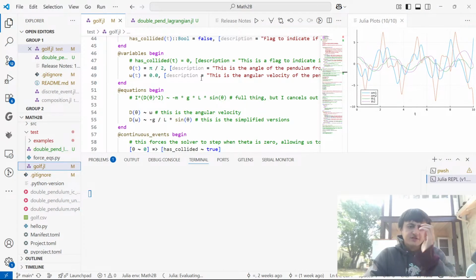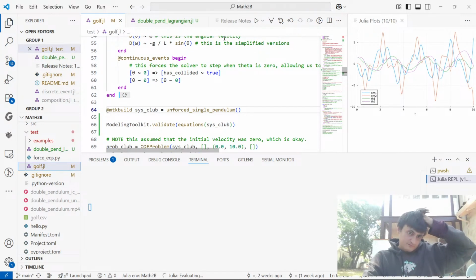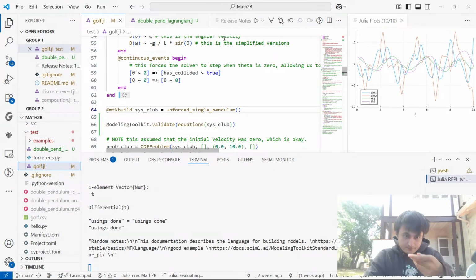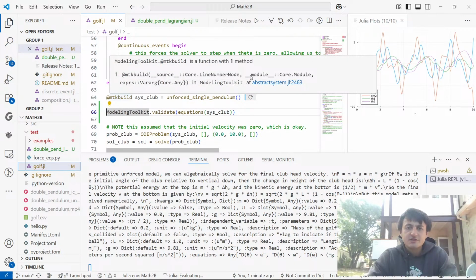At the end of this, I'll probably move this to its own repo. Okay, very good. Very good. Oh, MTK build is so slow, bro. It's actually crazy how slow this thing is.